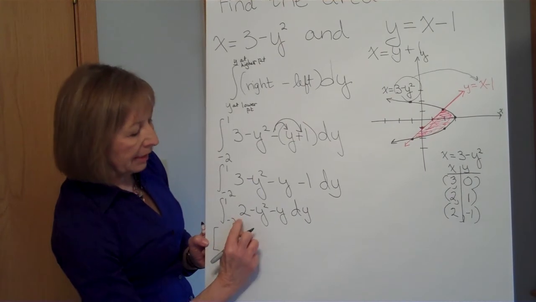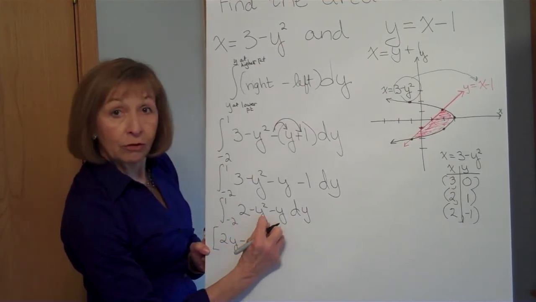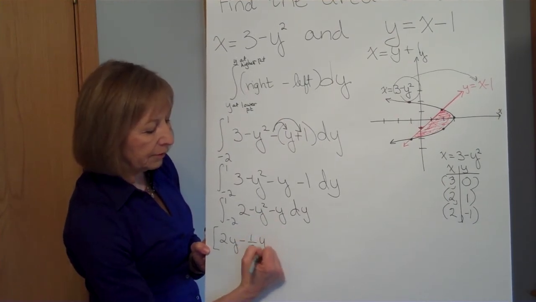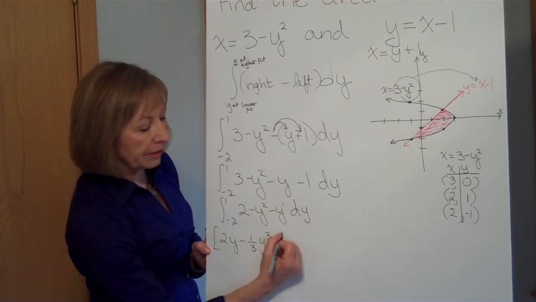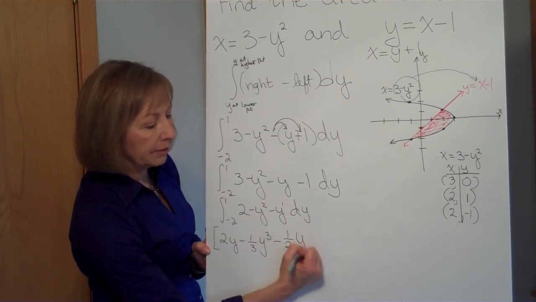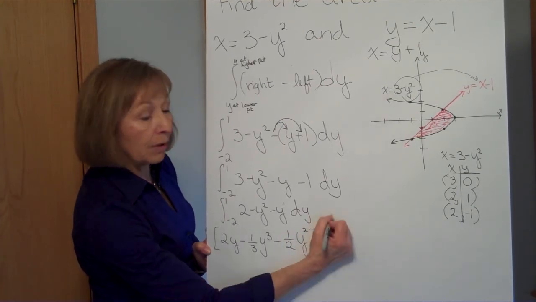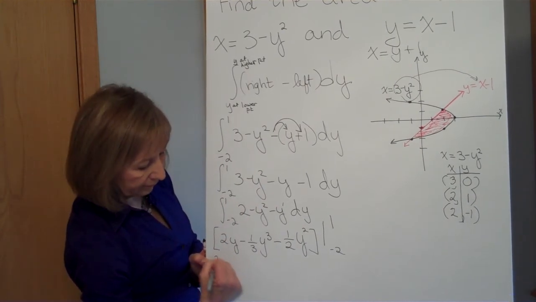So the integral of 2 dy is 2y. The integral of y squared is 1/3 y cubed. The integral of y to the first is 1/2 y squared. And we're going to evaluate that from -2 to 1. So plug in the top number, plug in the 1.